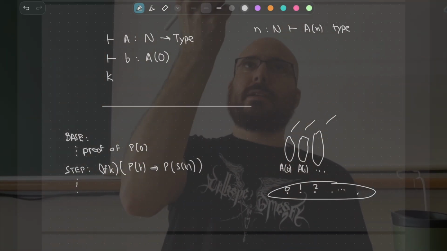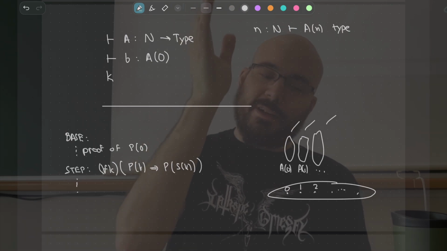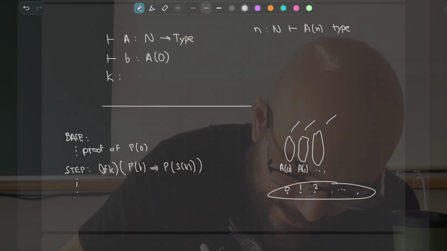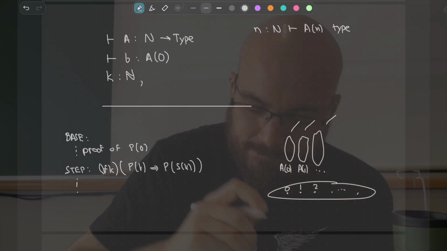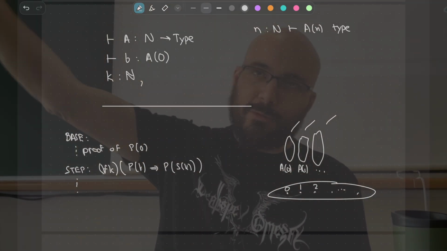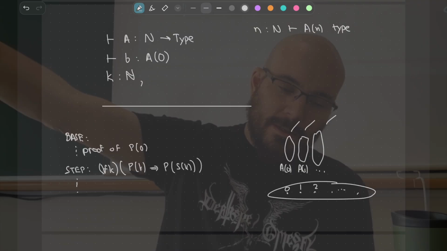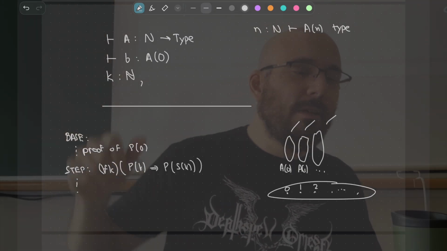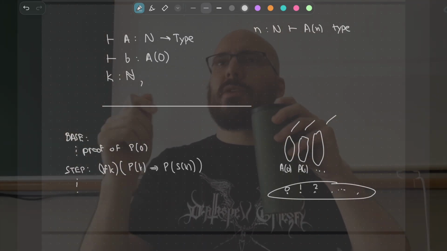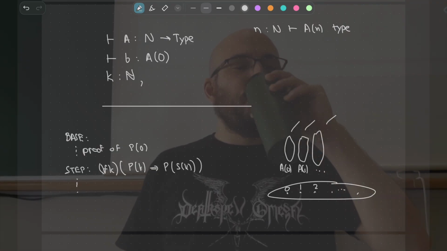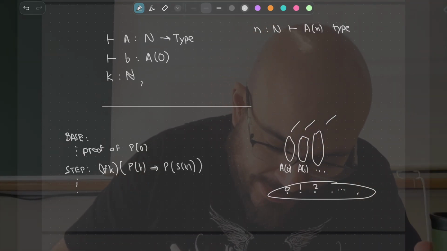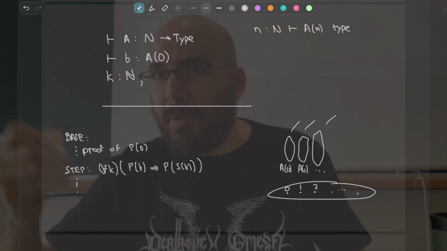So K is the index of the point that I have verified so far, a natural number. What else do I need in order to provide a proof for the next? Something of type A of K.